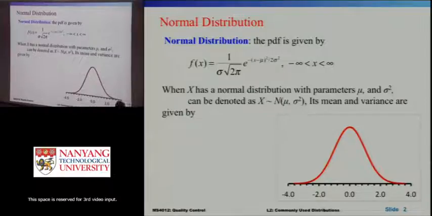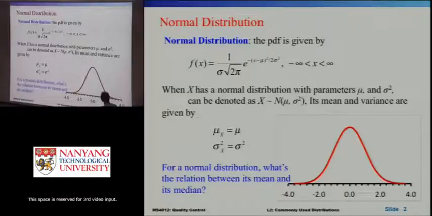Then we say the random variable x has a normal distribution with parameters mu and sigma squared, and we denote it as x following a normal distribution with mu and sigma squared. For this normal distribution, if we calculate its mean and variance, the mean equals the parameter mu, and its variance equals the parameter sigma squared.